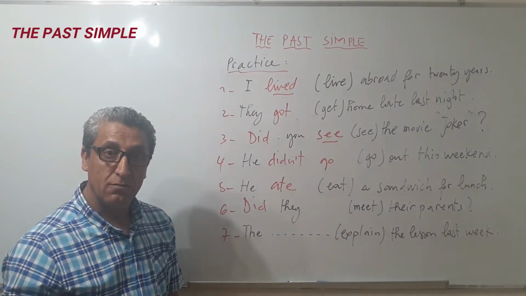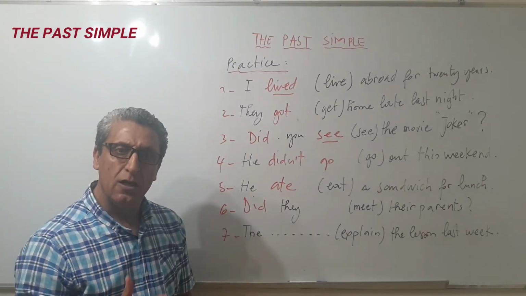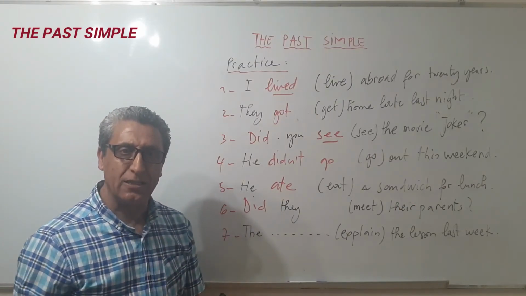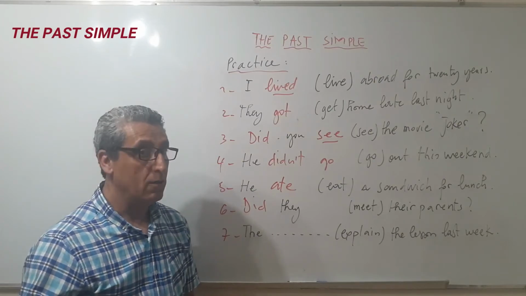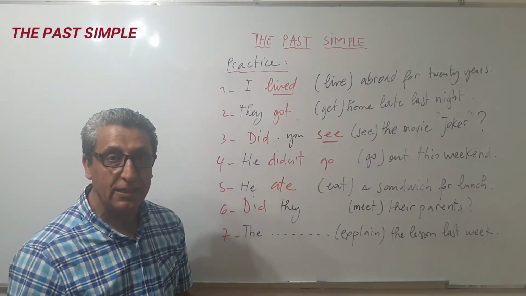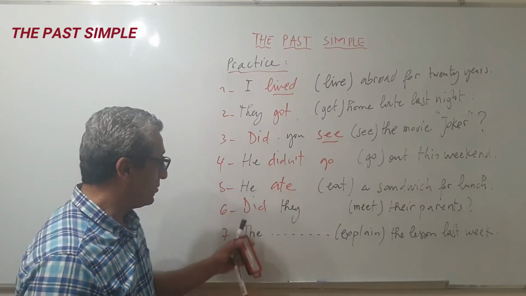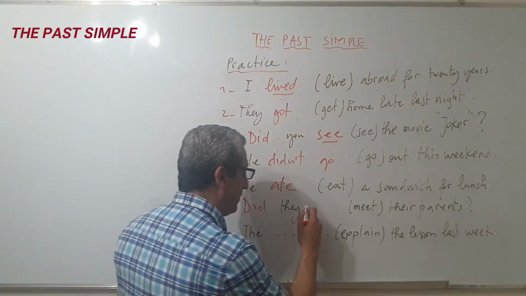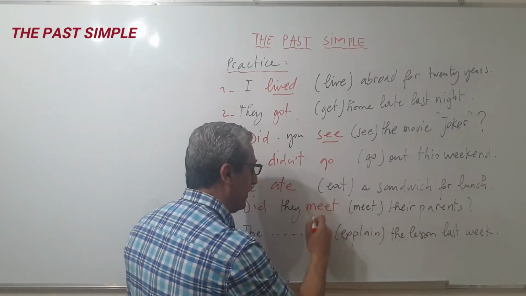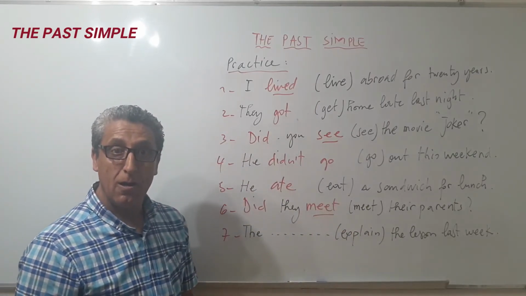Now in questions, do we conjugate the verb or do we keep it in its infinitive form? Very good. We do not conjugate it, we keep it in its infinitive form, like the negative form. So, did they meet? Did they meet their parents?